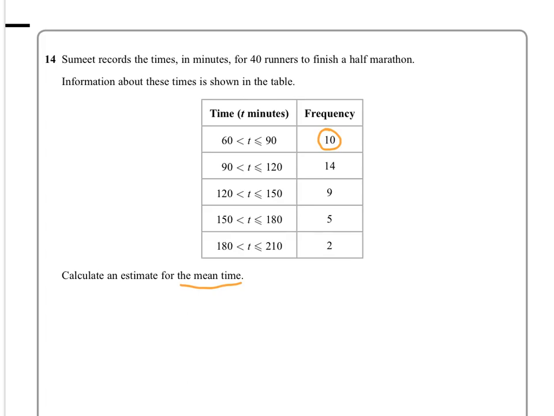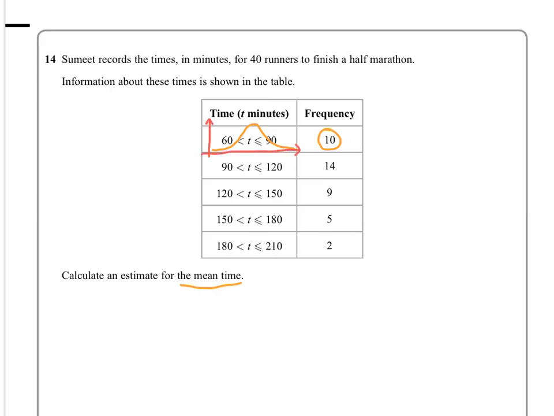Now when we're looking at the mean, because we don't know how the times varied, we just know there were 10 times in that class interval. With the mean, when we're trying to estimate it, we always assume the midpoint. Now I'm drawing a graph like this, which shows the normal distribution of some data.